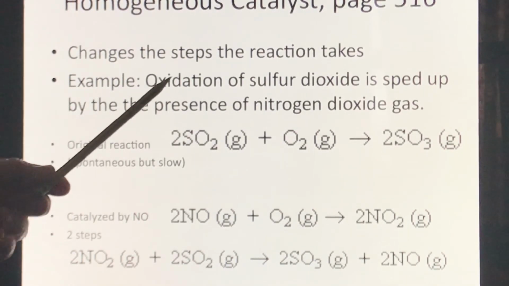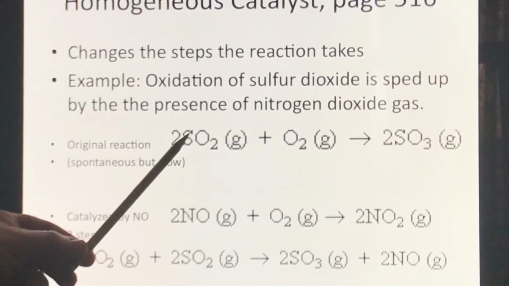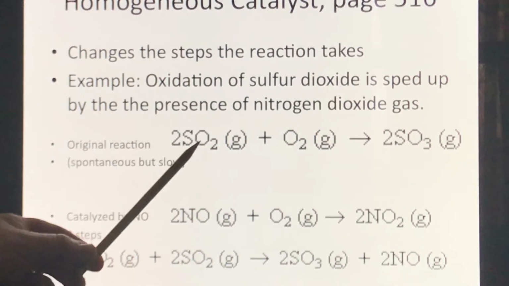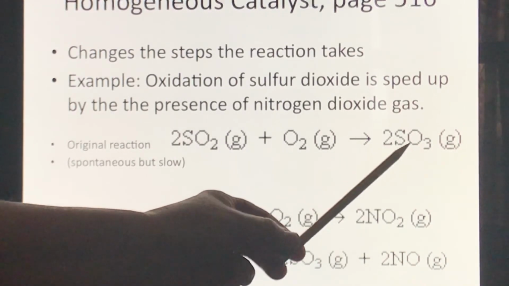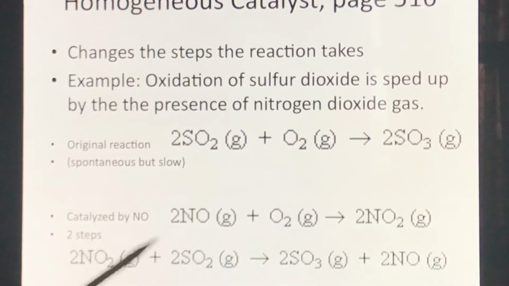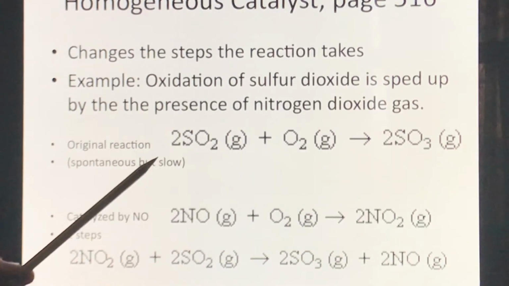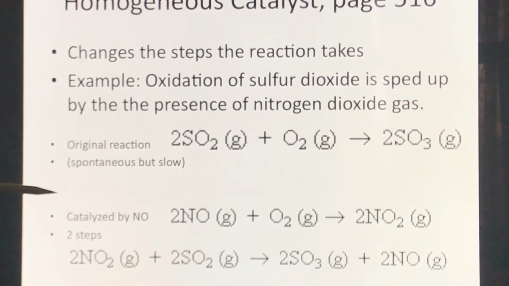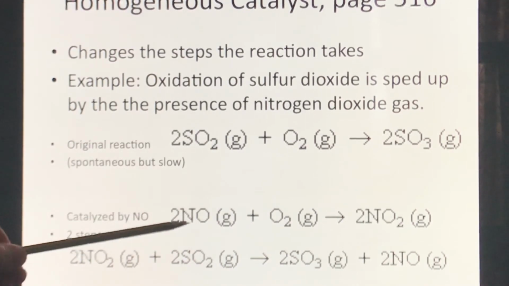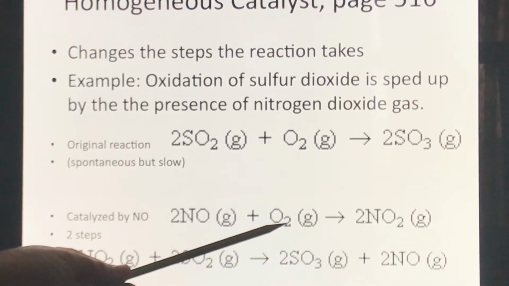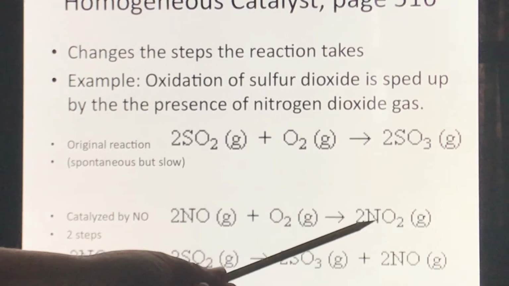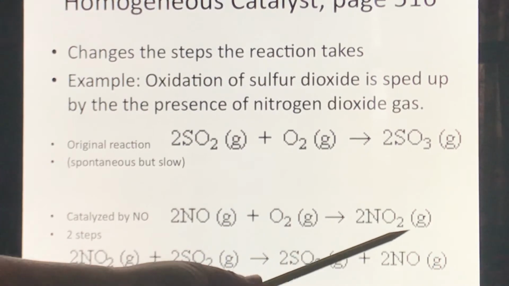So let's look at this in more detail. We have the oxidation of sulfur dioxide, that's this molecule here, SO2, and it interacts with O2 to form sulfur trioxide. And this is a spontaneous reaction, but it's slow. However, the rate of it can be increased by using the catalyst of nitrogen monoxide. So when you introduce the NO here, then it combines with oxygen gas to form NO2, the nitrogen dioxide.